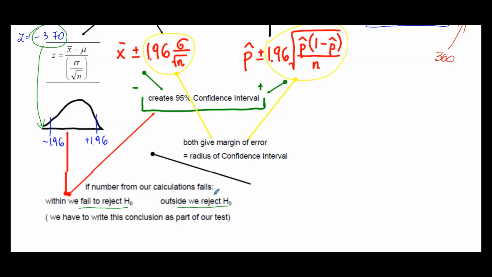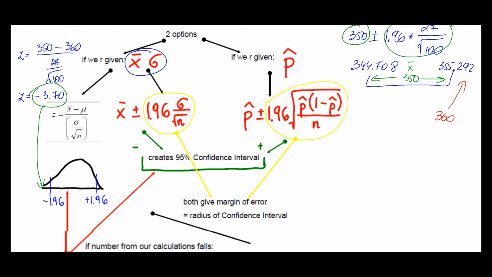So that is part of our reason, so the calculation. And then for the reason we are saying, if we are using the z-score, that minus 3.7 is outside of those two numbers, therefore we reject the null hypothesis and accept the alternative. Or if it is the confidence interval we use, we will say that as 360 is outside the confidence interval, we reject the null hypothesis.